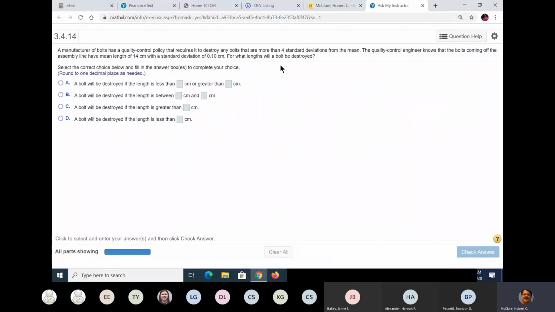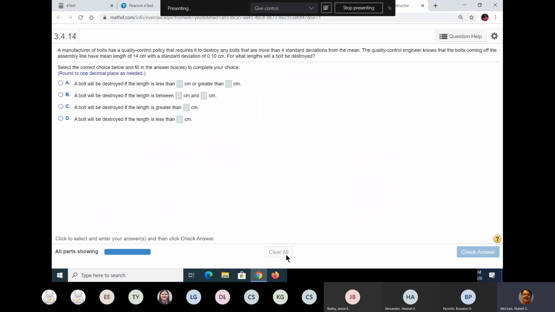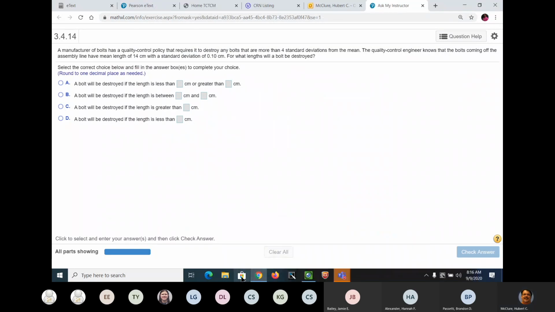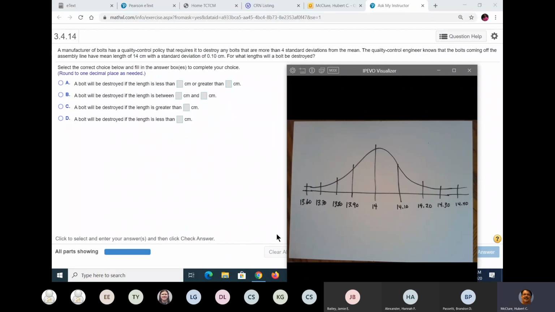The bolt will be destroyed if it's more than 4 standard deviations from the mean. So that means, go back to our picture. That means I'm going to take my red marker, and you know I don't use red. That means if it's out here, or out here.